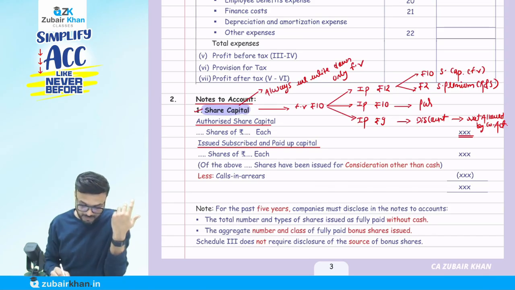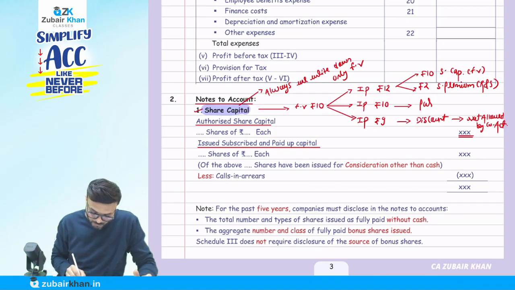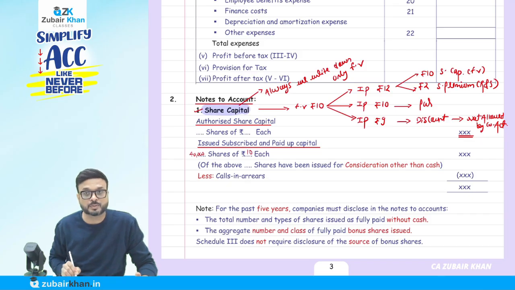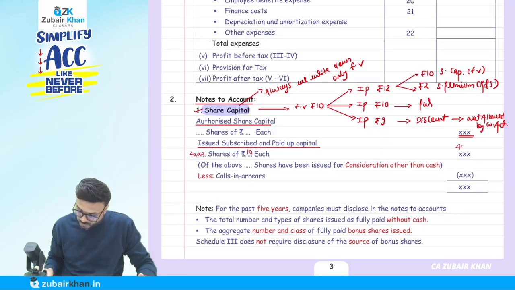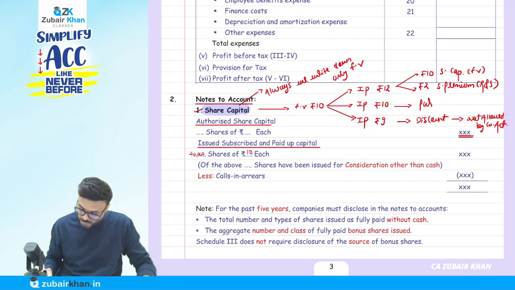Now you will ask what it means to issue shares for other than cash consideration. Let me give an example. Suppose the total is 40,000 shares that we have issued at the rate of suppose rupees 10, so it will come to 4 lakhs.